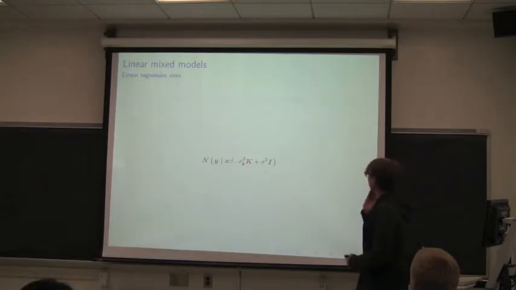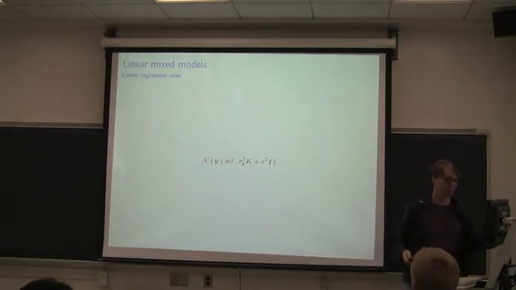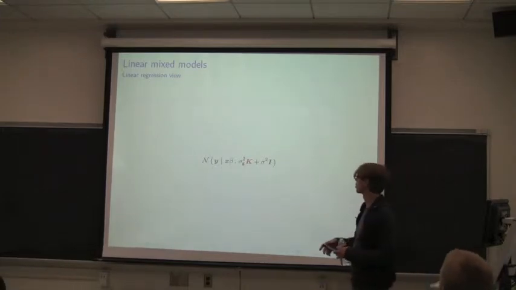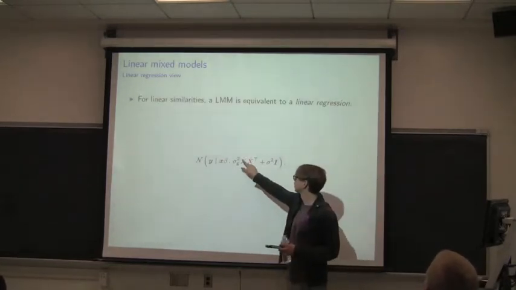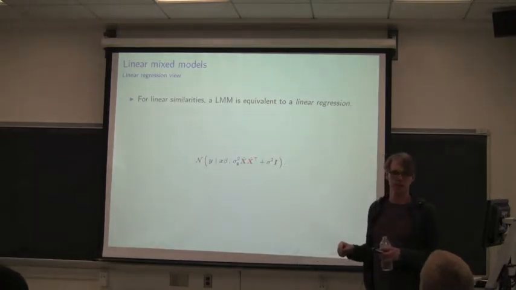And so this is now the introduction to the linear mixed model. We said that if we look at the linear mixed model a little bit closer, what we actually do in reality is that we don't just use any K, but typically we use covariance matrices that are just an inner product of a matrix of SNPs with itself.